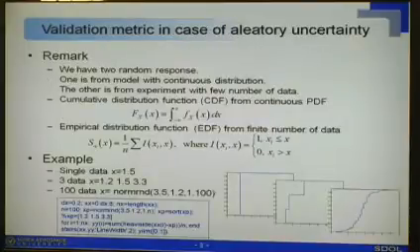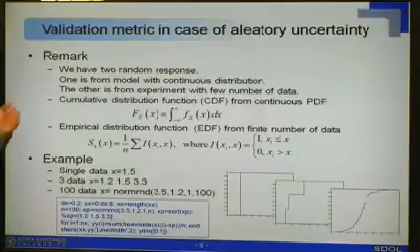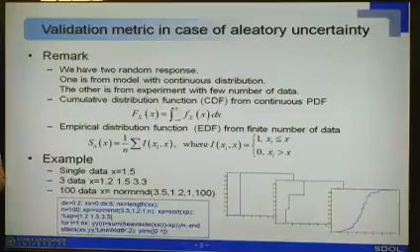Now we move to the validation metric. First, in case of aleatory uncertainty. Next, in case of epistemic uncertainty. So this is the first, the aleatory uncertainty. I told you we have two outputs, one from the model, the other from the experiment.